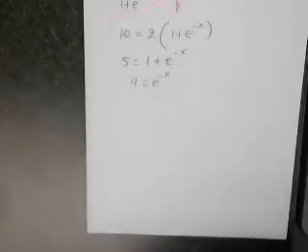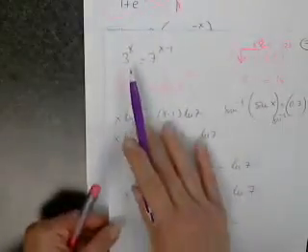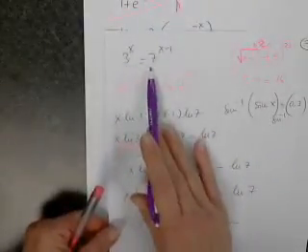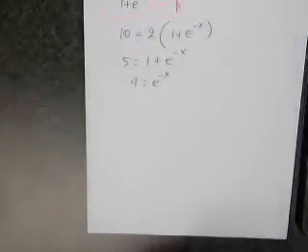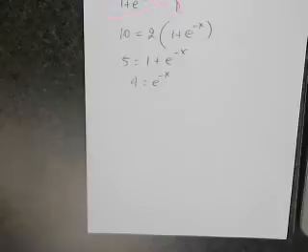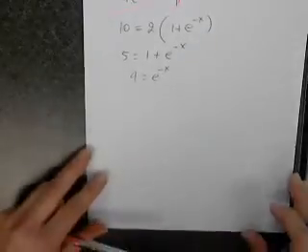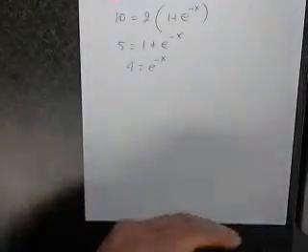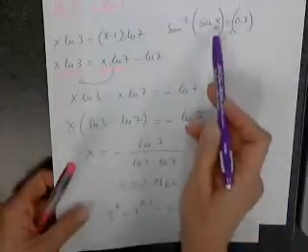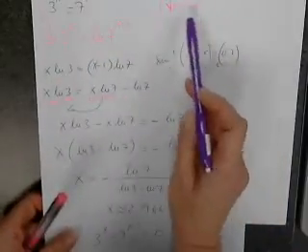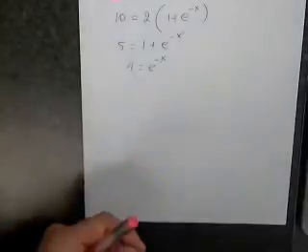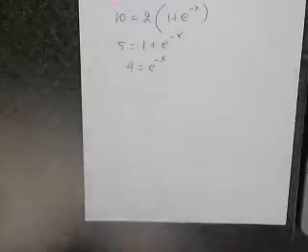I am back to this situation where the left and the right cannot be presented with the same base. 4 and e will never be presented with the same base. And I do have a mechanism for this, as I had for this, or as I had for this, to use the inverse function of the exponential function.